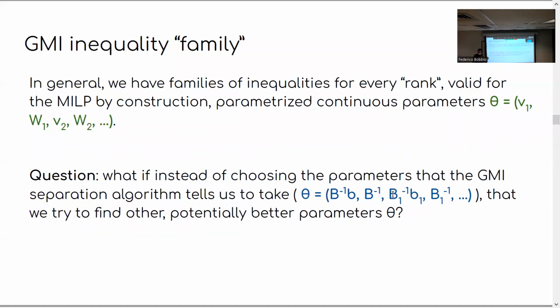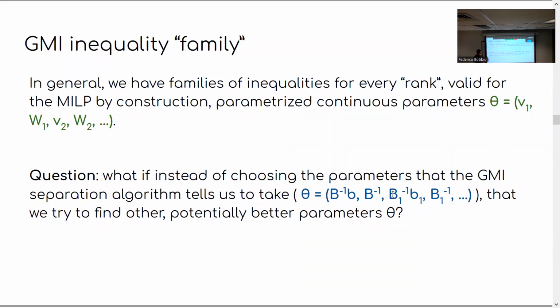Now, here's a fun question. Say instead of choosing the parameters according to what the GMI separation algorithm tells us to pick, which is b minus 1, b1 minus 1, etc., what about trying to find better parameters? What about other v's and other w's?